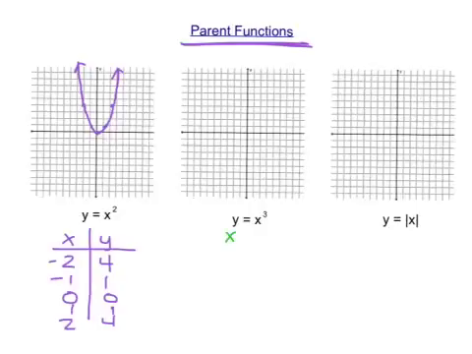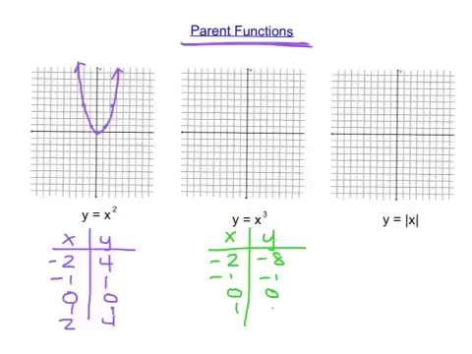X cubed, if we have x and y values. Negative 2, negative 8, negative 1, negative 1, 0, 0, 1, 1, and 2, 8 are our standard points. So if we graph that, we have the origin, 1, 1, 2, 8, negative 1, negative 1, negative 2, negative 8.